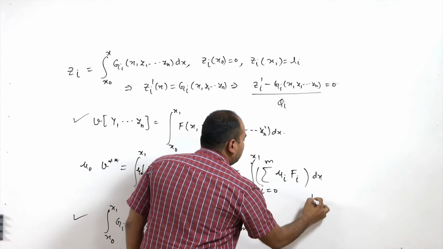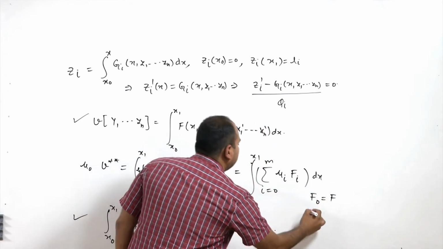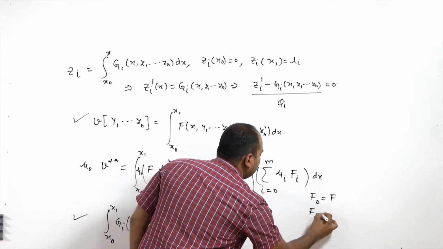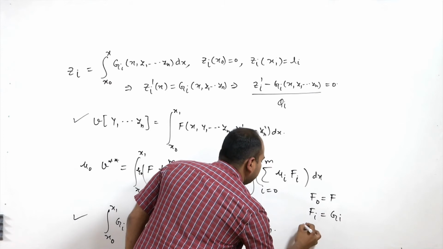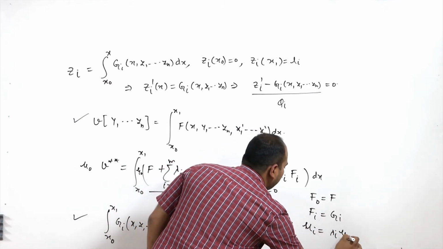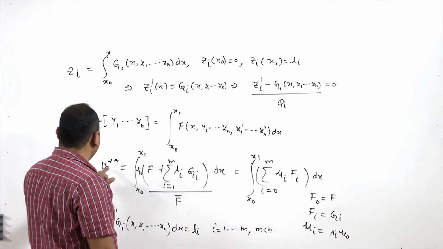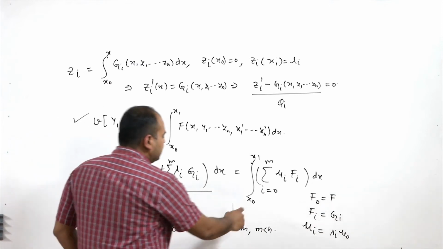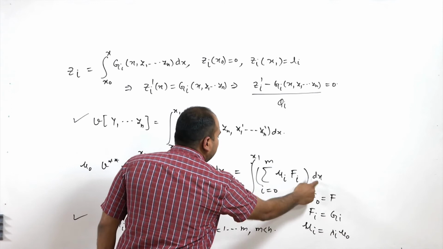So here f0 is your f, and fi is your gi, and mu i is equal to lambda i mu naught. So here we can simply write that mu naught v double star is given as the integral from x0 to x1 of summation i equal to 0 to m mu i fi dx.